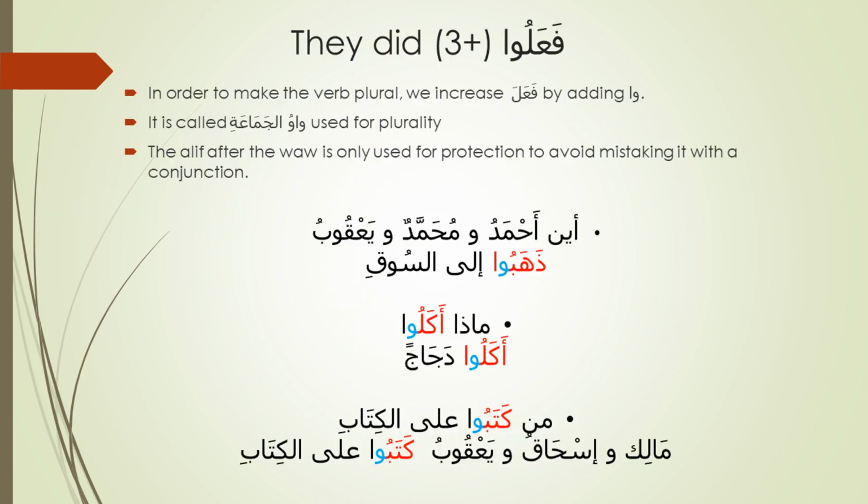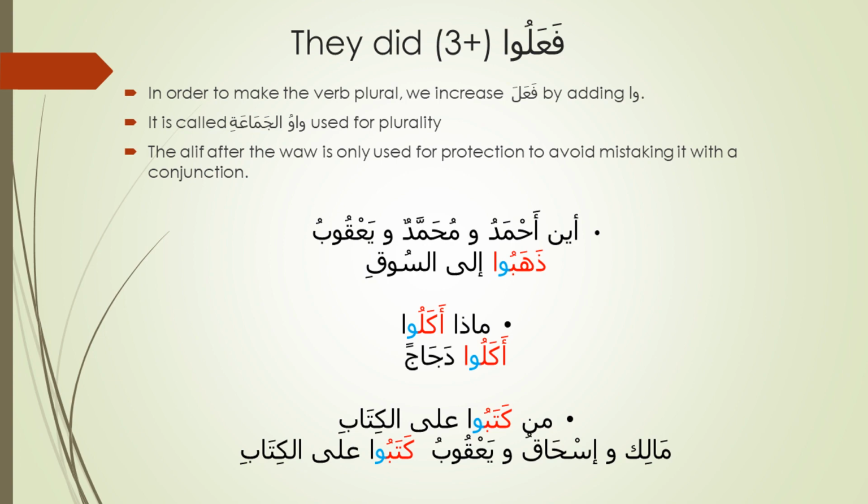And in Arabic, everything three or more is the plural. Okay? So how do we make the verb plural? We add a waw to the end of it. So now the scale is fa'alu.